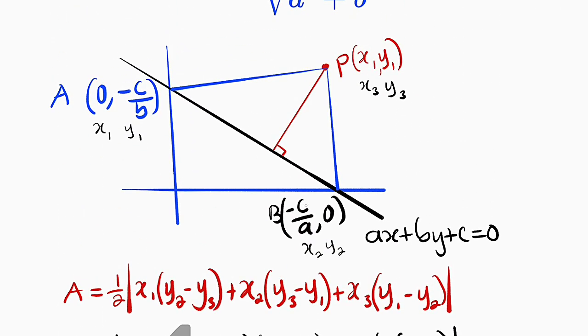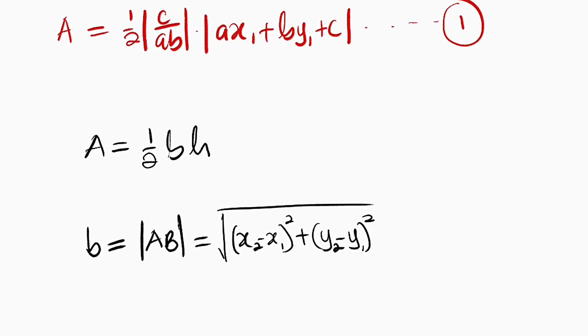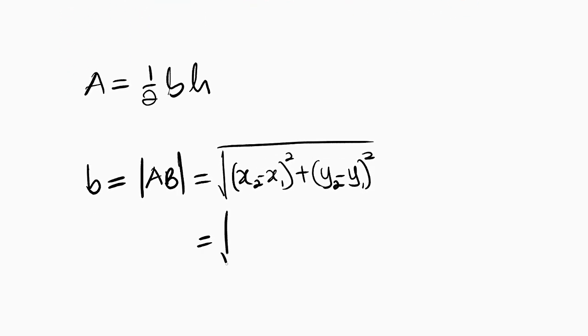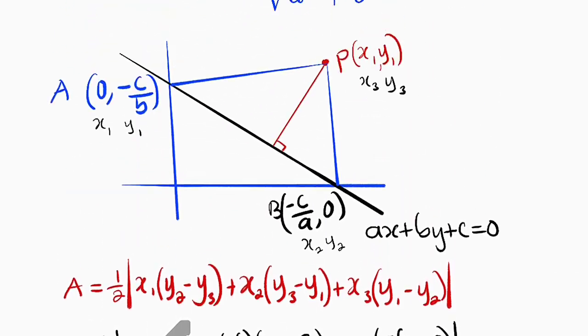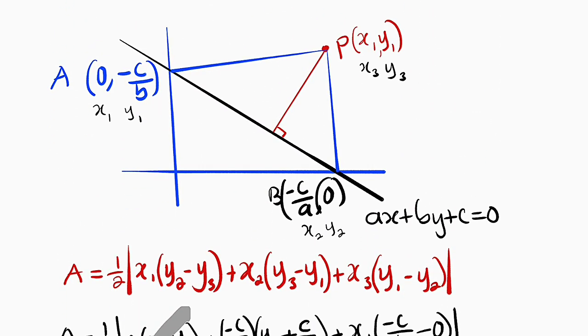So this is x2, right? minus x1. It is going to give us what? Minus c divided by a minus 0, which will not change anything. This is minus c divided by a minus 0 squared plus y2 minus y1, y2 minus y1.